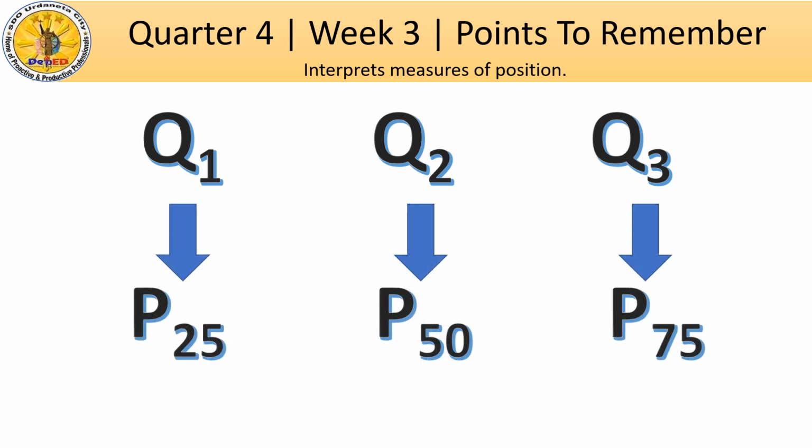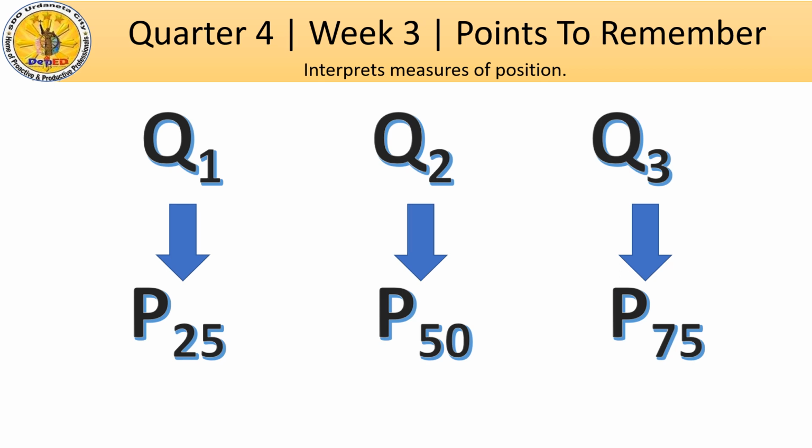On the other hand, if we relate it with the percentiles, quartile 1 is equivalent to percentile 25. If you remember, we defined quartile 1 as 25% of the total scores being less than that value.